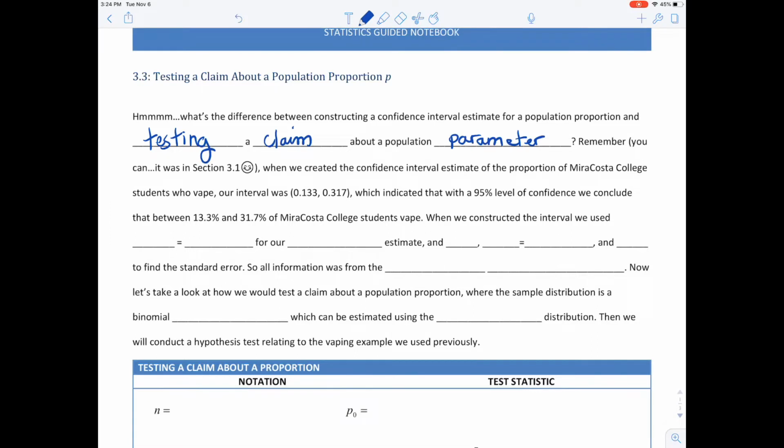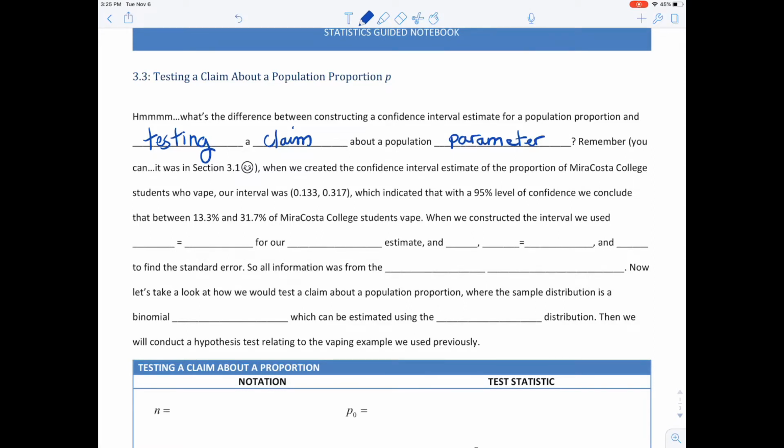Remember, it was in section 3.1 when we created the confidence interval estimate of the proportion of MiraCosta College students who vape. Our interval was 0.133 to 0.317, which indicated that with a 95% level of confidence, we conclude that between 13.3% and 31.7% of MiraCosta College students vape.